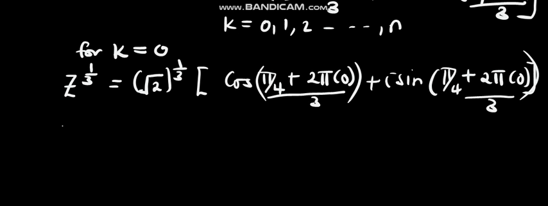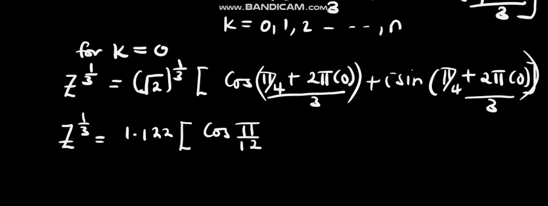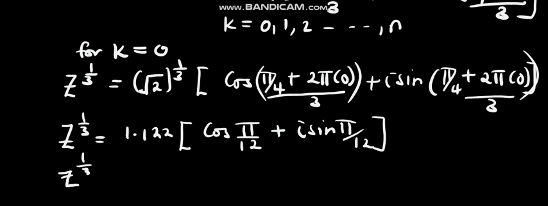So now z^(1/3) is equal to root 2 to the power 1/3, which is 1.122, open brackets, cos of pi/12 plus i sine of pi/12.